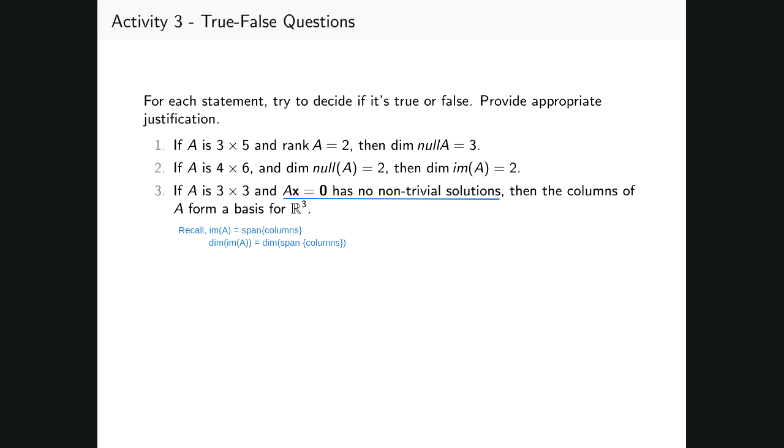Now what we want to do is relate this back to non-trivial solutions of this homogeneous system. So what can we do there?